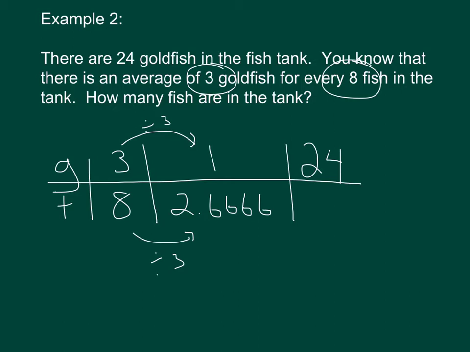So now I need to get from 1 to 24. So I do 1 times 24, and then that ugly 2.6 repeating times 24. And since I left that in my calculator, I just type times 24, and I get my answer of 64. So that means that if I have 24 goldfish in the tank, that means I have 64 fish total in the tank.